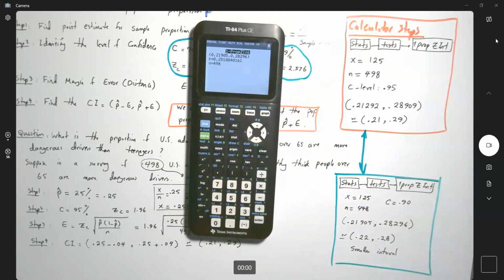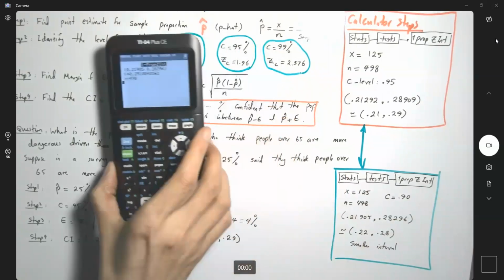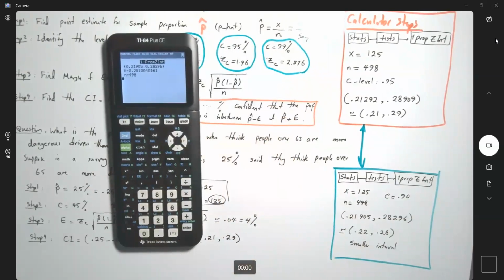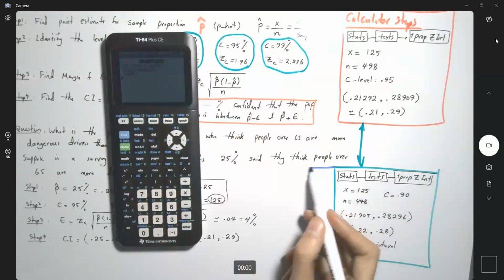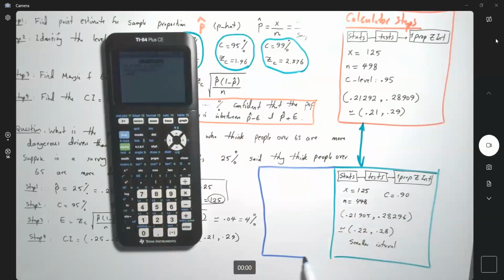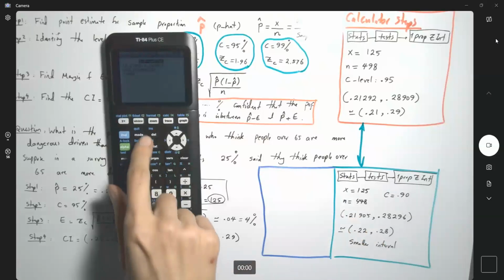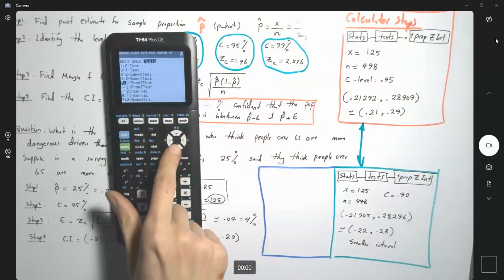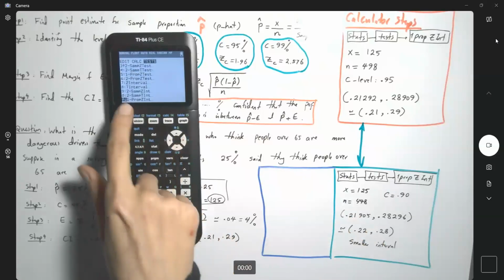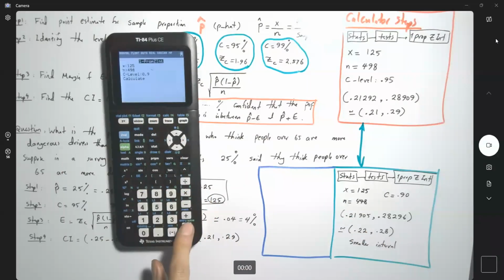I expect you to ask, what if I choose 99%? What happens if we have a 99% confidence level? So take a look at this. Let us write this down side by side so we can compare these. So let us go to Stat and the Tests and go to 1 proportion Z interval.